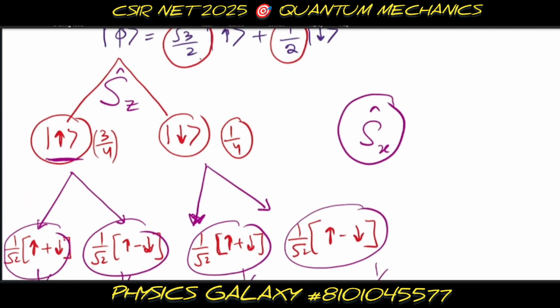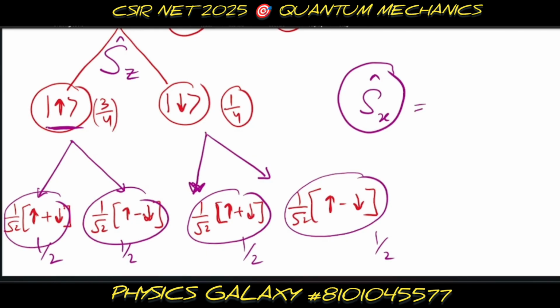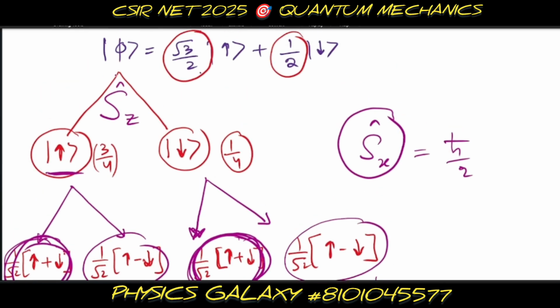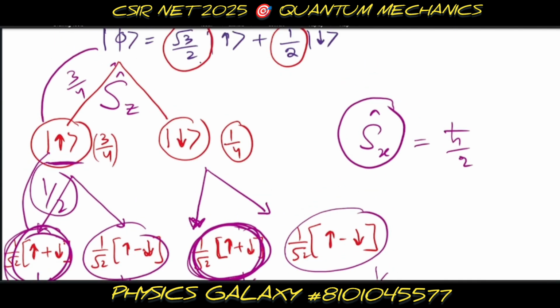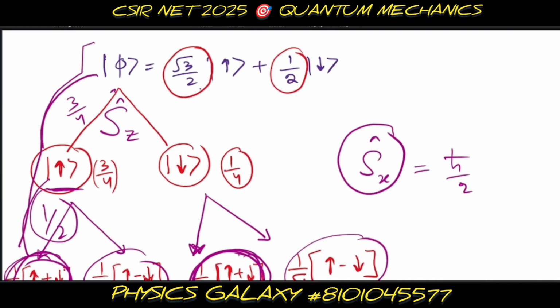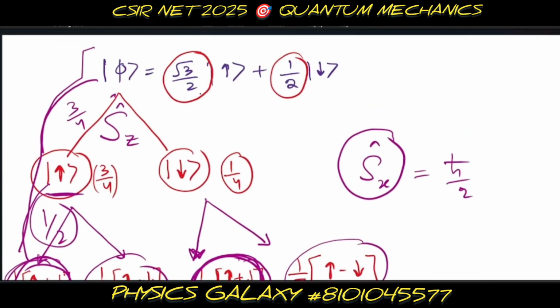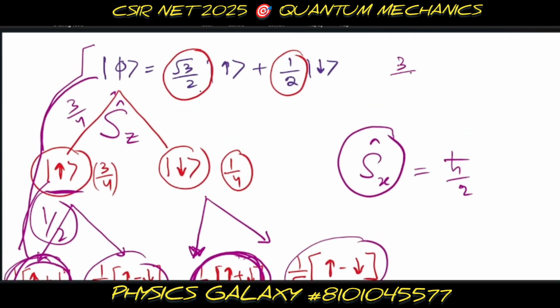Now what is the probability that we'll get Sx equals to h cut by 2? So that means either this one or this one. Okay, so that means probability from this to this will be 3 by 4, then probability from this to this will be 1 by 2. So the total probability from this to this will be 3 by 4 times 1 by 2.